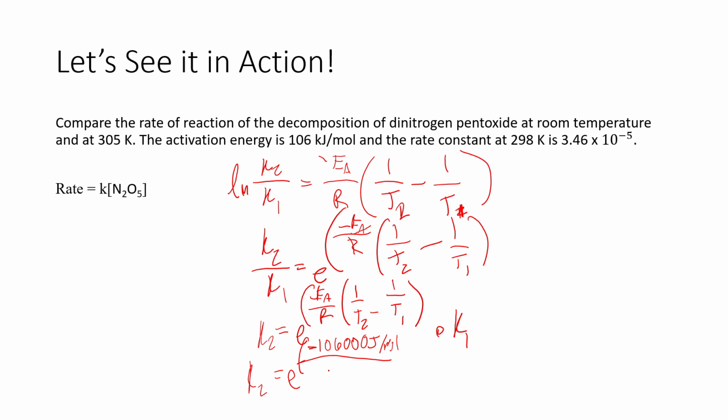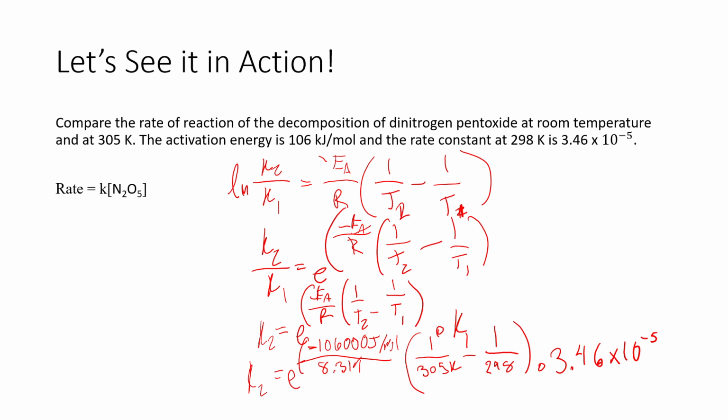We know that the gas constant is 8.314. Our T2 is 305. Our T1 is 298. And we're going to multiply this whole thing by the rate constant, which is 3.46 times 10 to the minus 5.